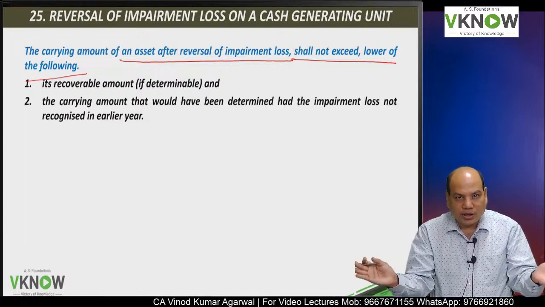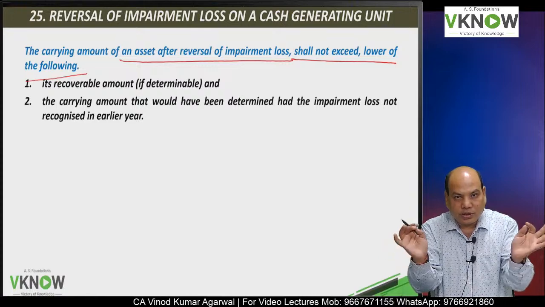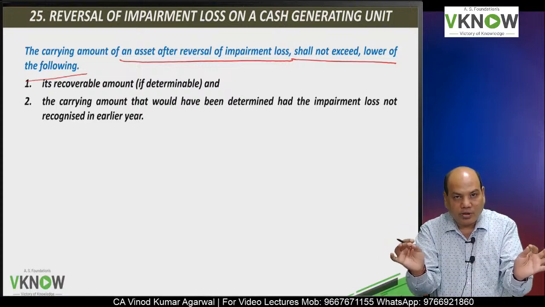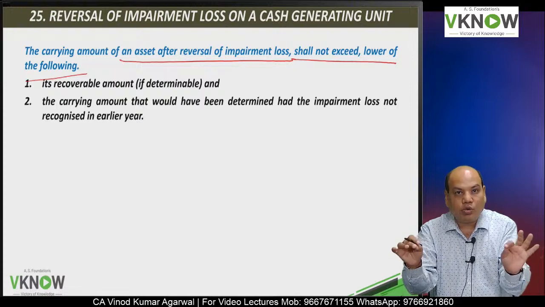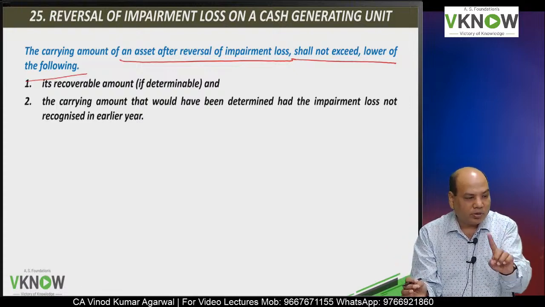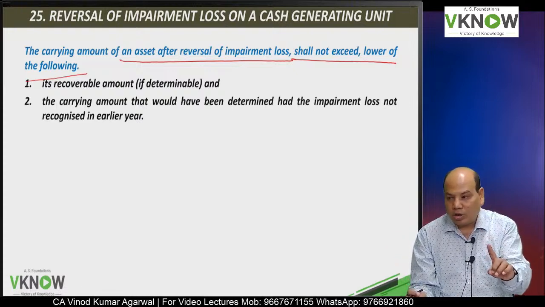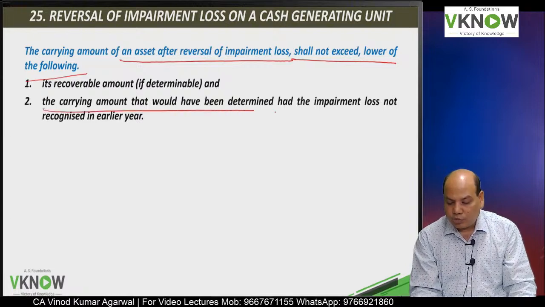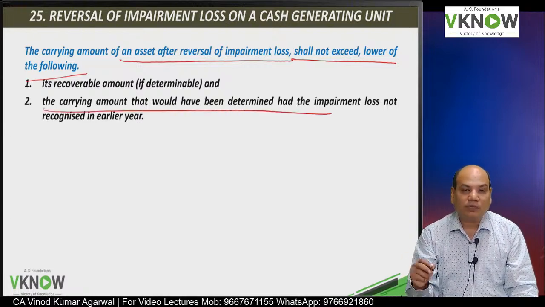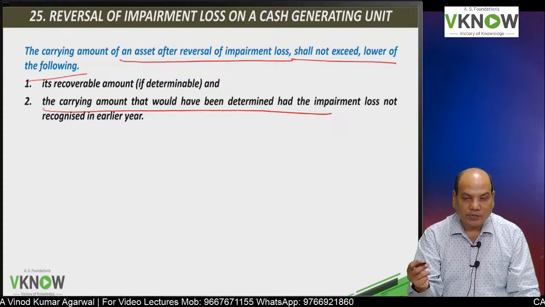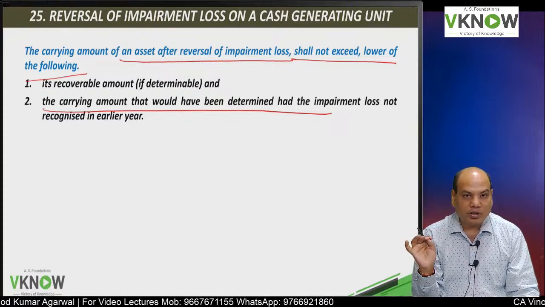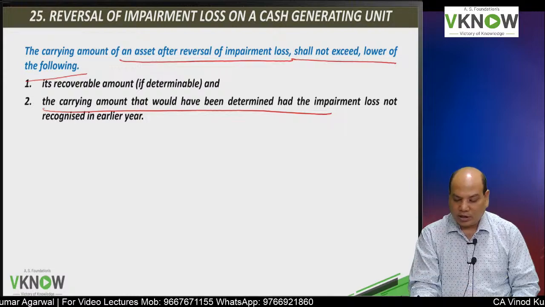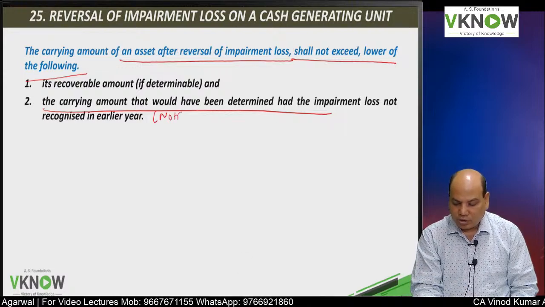The carrying amount of the asset of the CGU will increase, but there is a limitation. The limitation is that it should not exceed the lower of the two: recoverable amount if determinable, or the carrying amount that would have been determined if the impairment loss was not provided. Had you not provided impairment loss, what would have been the carrying amount? That I will call the notional carrying amount.